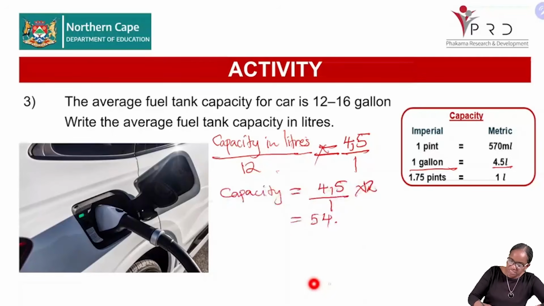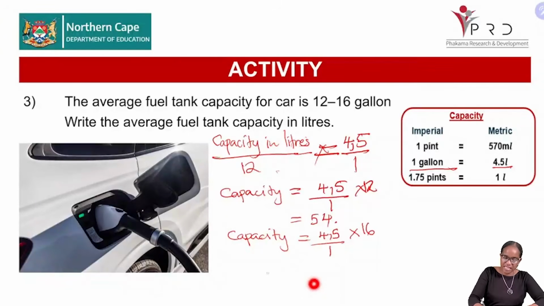You do the same for 16. For 16 gallons, you have your capacity being equal to 4.5 over 1, which is our conversion factor, times 16. What do you get, class? You get 72 liters.